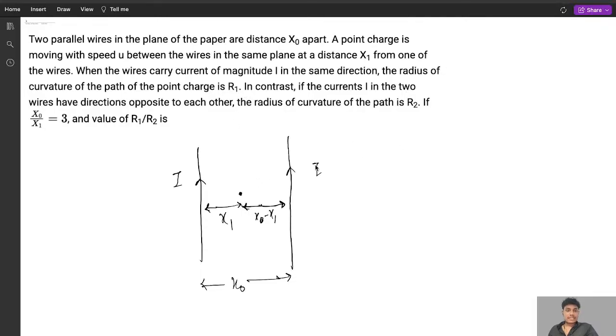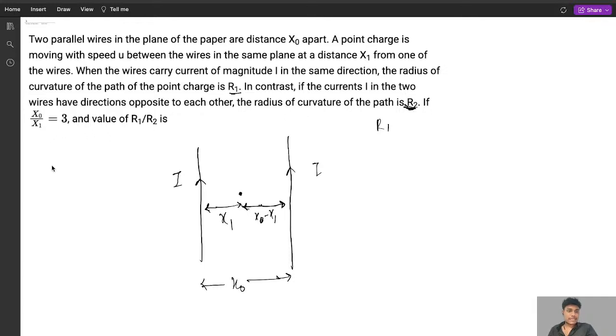Okay, when both the currents are moving in the same direction, then the radius of curvature is r1. Okay, in contrast if the current I in the other wire has direction opposite to each other, the radius of the curvature of the path is r2. Okay, we change the direction of the current, then the radius of curvature becomes r2.